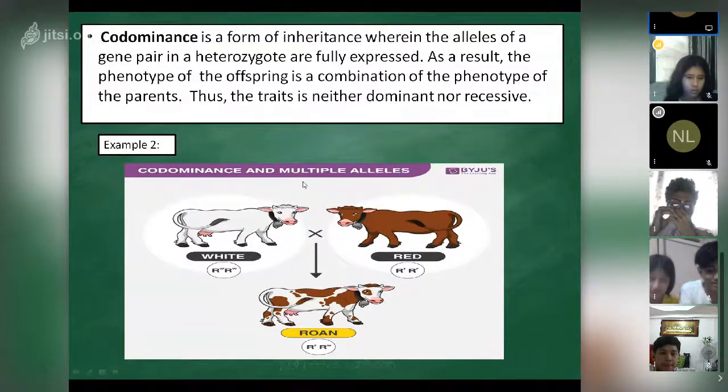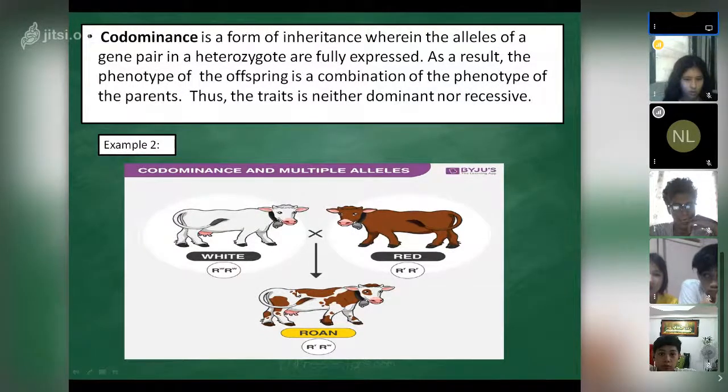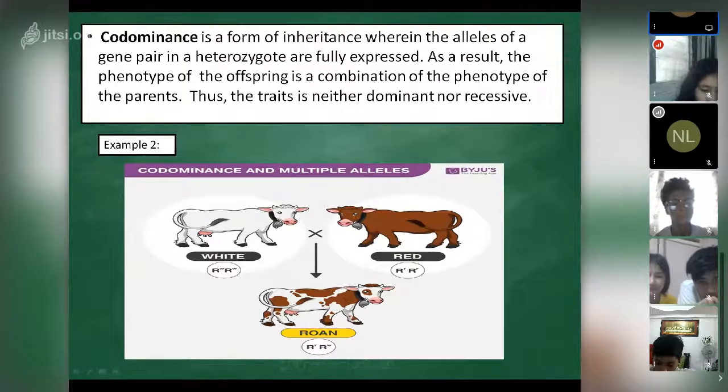Codominance and multiple alleles. Example, your mother is white, your father is red. The result is that you can see the red and you can also see the white.